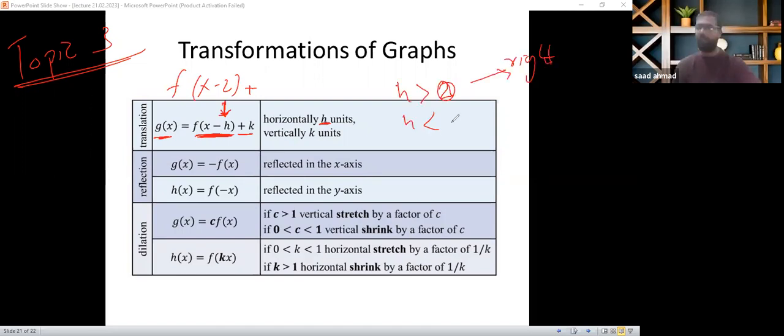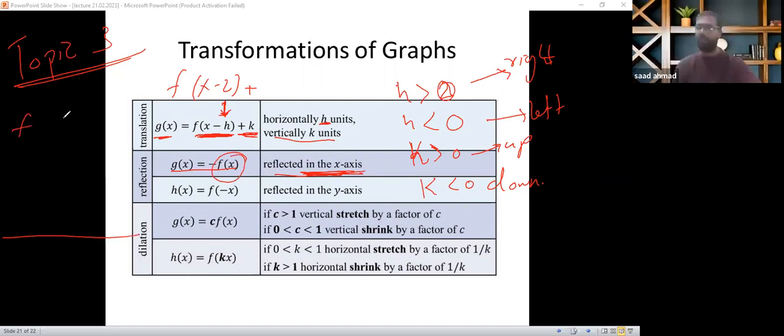If k is greater than 0, then it moves up that many units, and if k is less than 0, then it moves that many units down. These are vertical units, this k here. Then g of x is minus f of x, which is reflected in the x-axis. If you multiply the function by a negative, it's reflected over the x-axis.